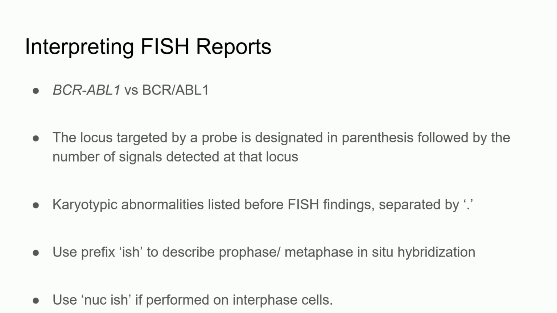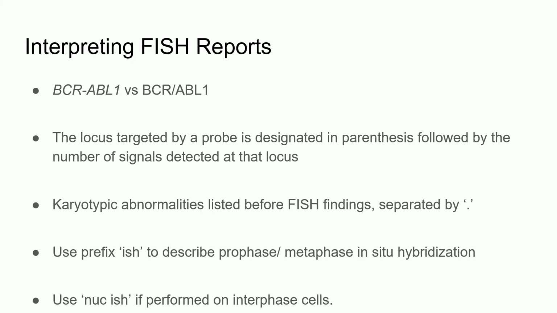ISCN also regulates fluorescent in situ hybridization nomenclature, which has a set of its own nomenclature rules, some of which is less intuitive to a beginner, but I will try to simplify as much as I can as we go through some of the more common rules. When we describe a fusion gene in text, we use the hyphen between the two genes. Notice these are italicized as we are describing the genes and not the proteins.